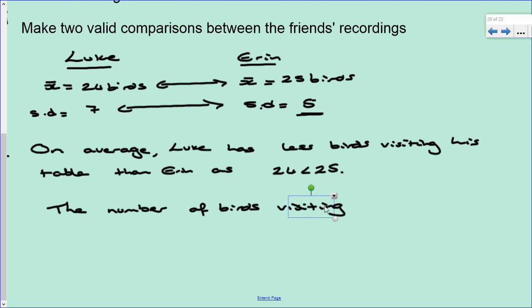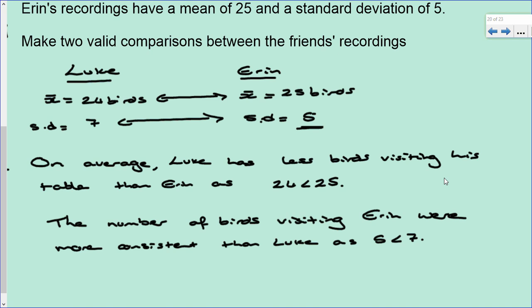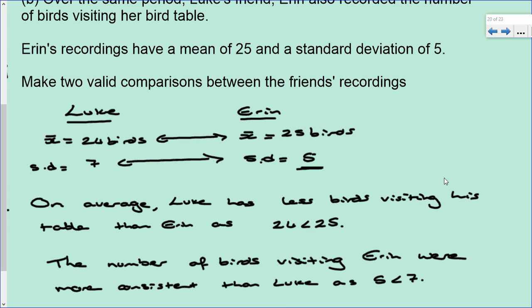So the number of birds visiting Erin were more consistent than Luke, as 5 is less than 7. Or you could do it the other way around, it doesn't matter: the number of birds visiting Luke were less consistent than Erin, as 7 is greater than 5. So that's the only question that I'm going to do.